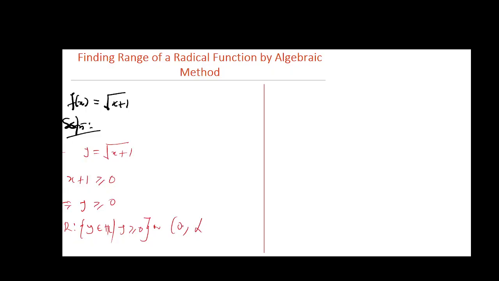Now, because 0 is included, remember, it's starting from 0, it must be greater than or equal to 0. Since 0 is included, we are going to use the square bracket, right? You still remember that? So this is the answer.